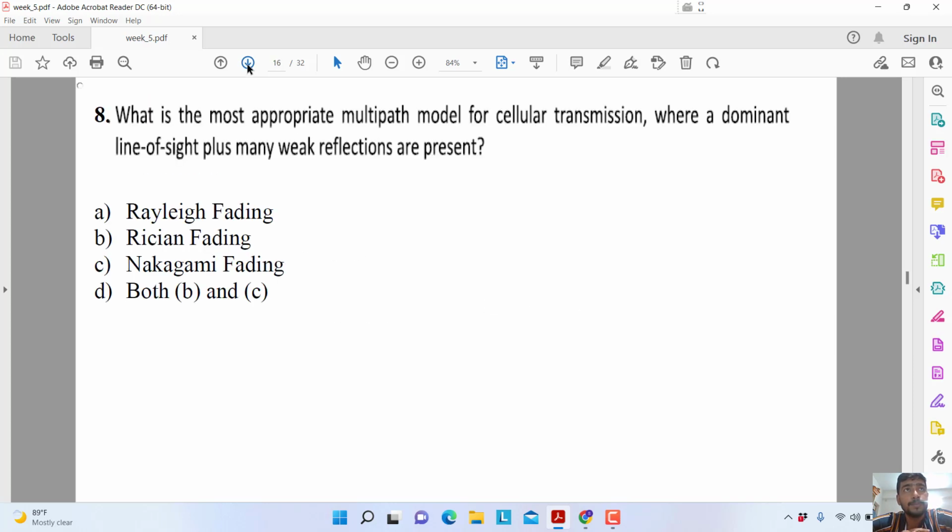Next question, question number 8: what is the most appropriate model for cellular transmission where a dominant line of sight path plus many weak reflections are present? We have four options, and it's given that the dominant path is the line of sight plus many weak reflections.